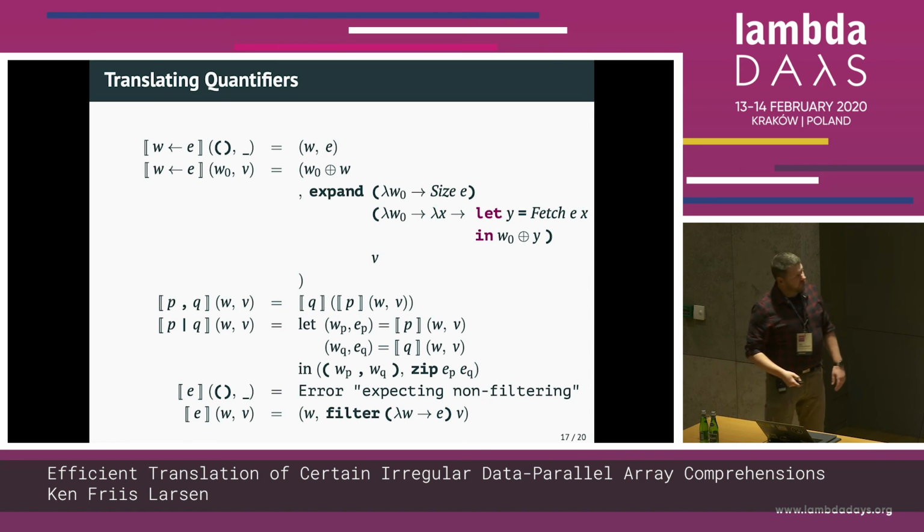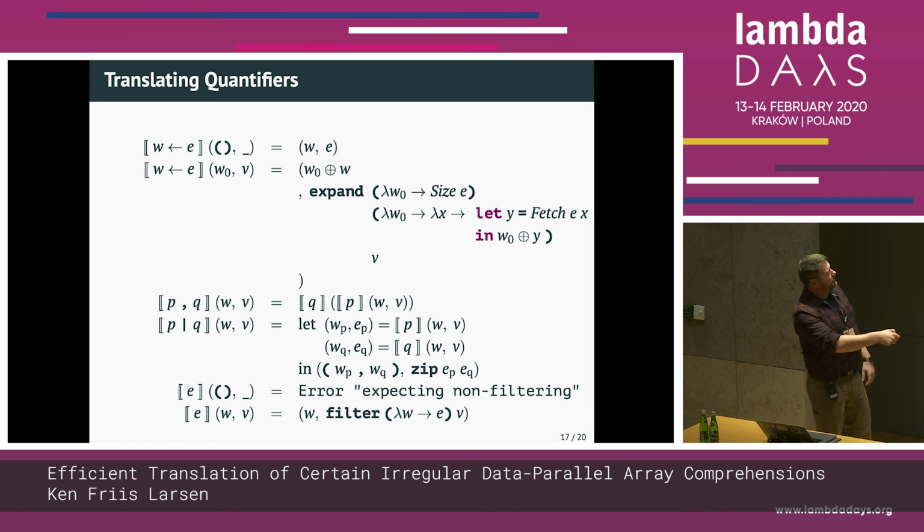And what might be surprising is that the parallel quantifier, where you basically have a zip, comes out as a zip, so that's straight up as it used to be.